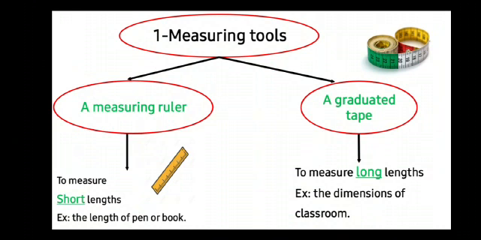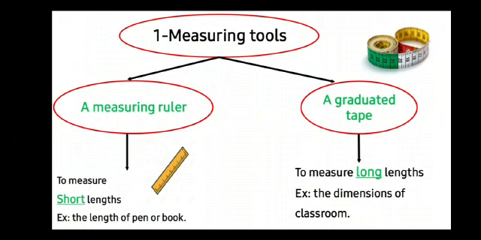Short length is like the length of the book or the pen. Long length is like the dimensions of the classroom or the distance between the window and the door. It's a long length, so I can't use the ruler. So I will use the graduated tape.